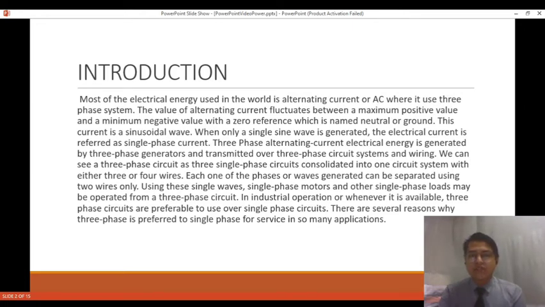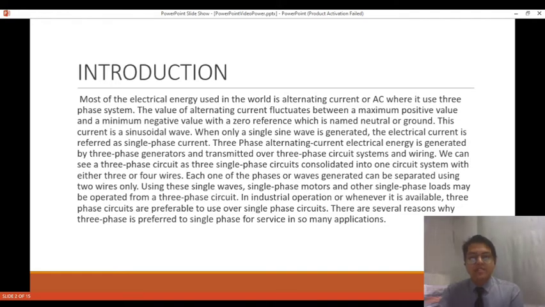Each one of the phases or waves generated can be separated using two wires only. Using these single waves, single-phase motors and other single-phase loads may be operated from a three-phase circuit. In industrial operation, or whenever it is available, three-phase circuits are preferable to single-phase circuits.